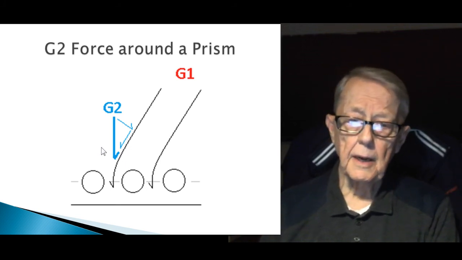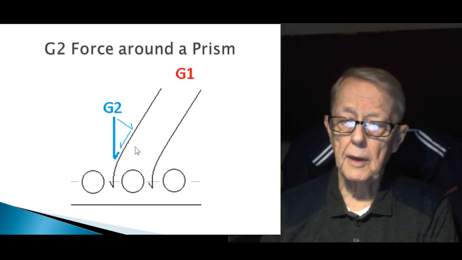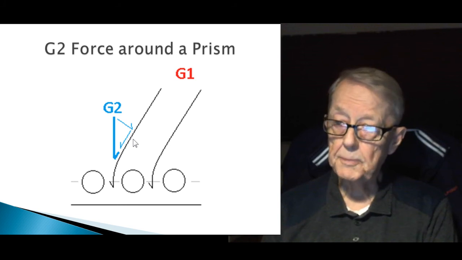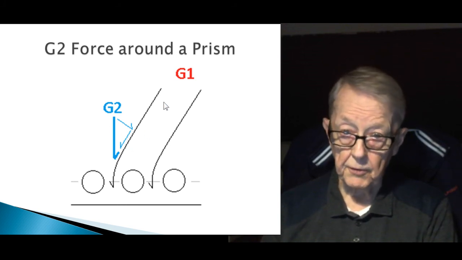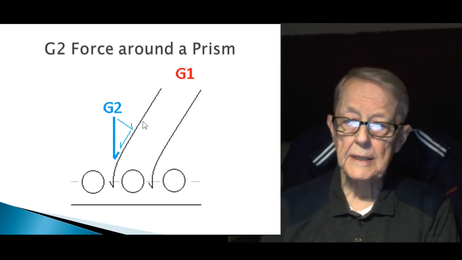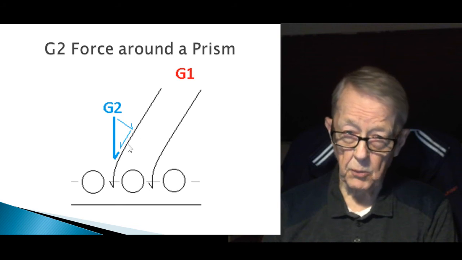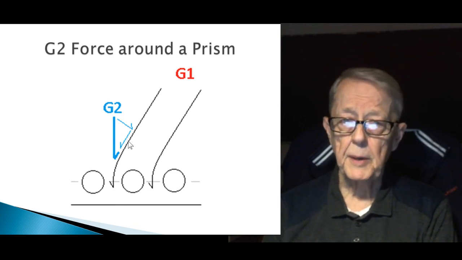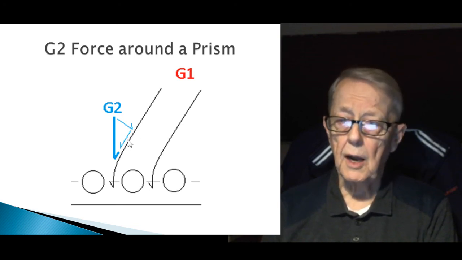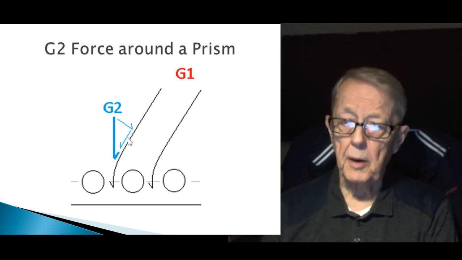It doesn't look that way, but of course we're talking about light which has a wavelength of nanometers, and blue light or red light is between 400 and 750 nanometer wavelengths. These are very small wavelengths that we're talking about. Anyway, that's how I explain refraction using the particle model.